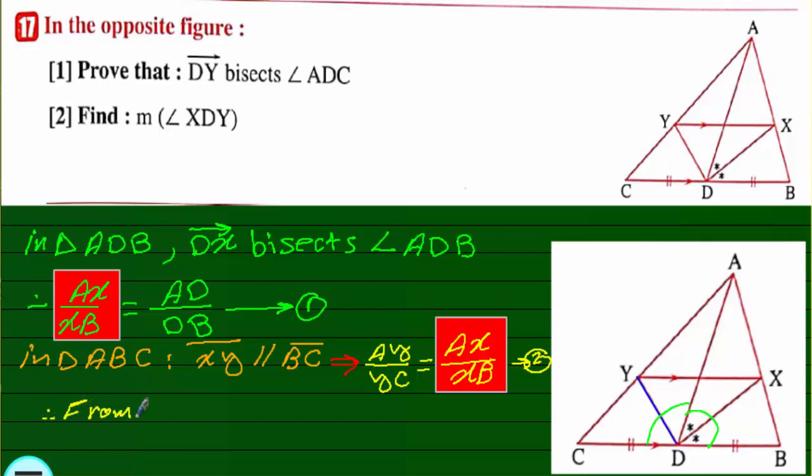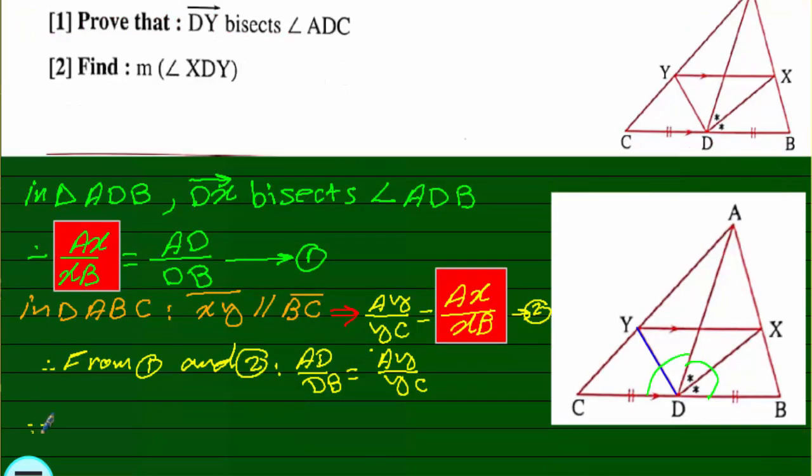From 1 and 2, we have AD over DB equals AY over YC.